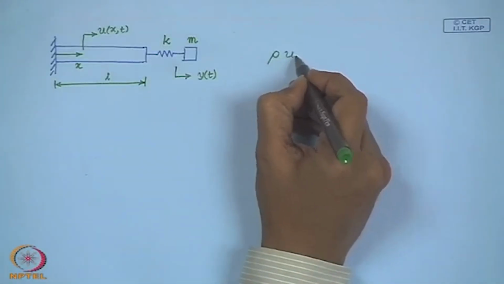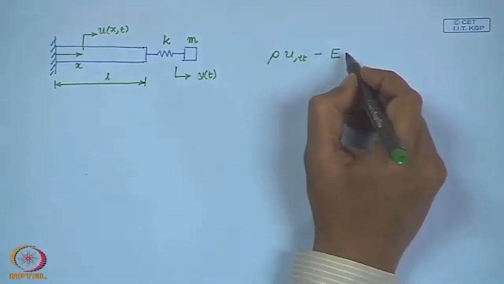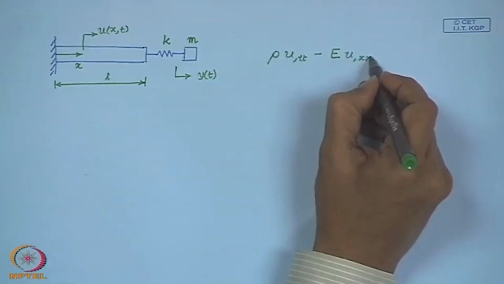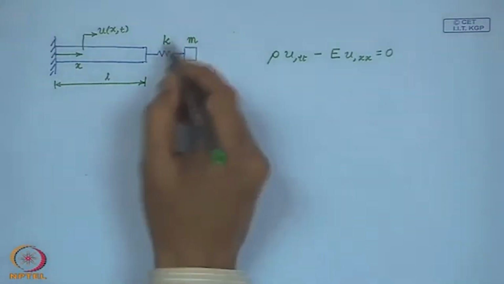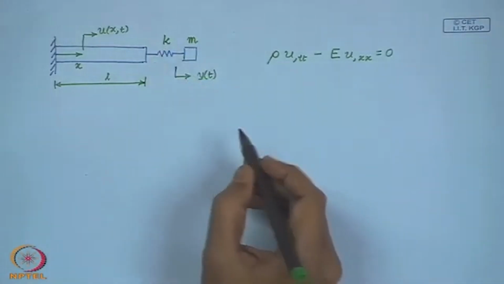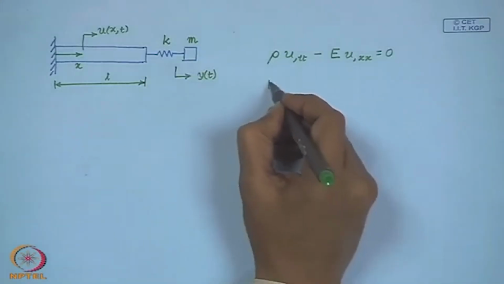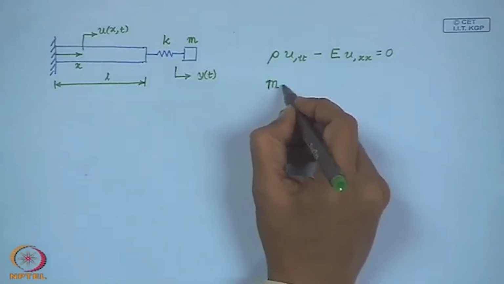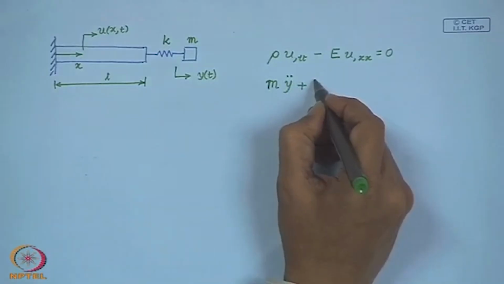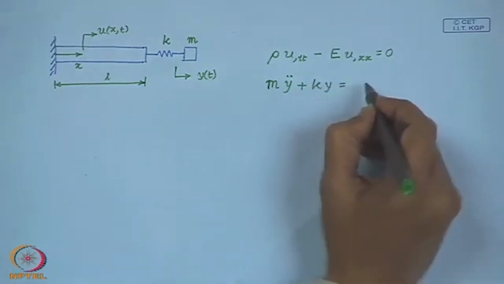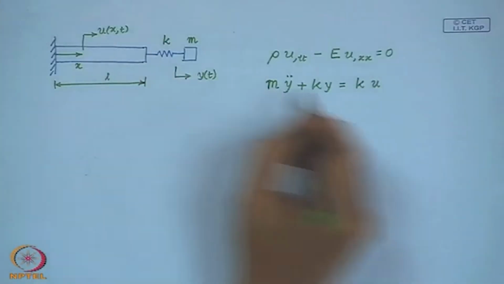So, we can write, now, for this oscillator which is connected at this end, we can easily write the equation of motion as m y double dot plus k times y is equal to k times the displacement of the bar at this end.